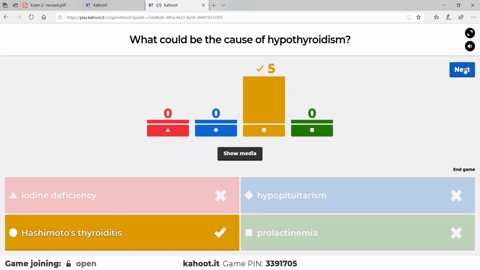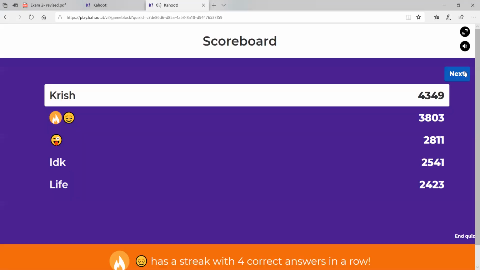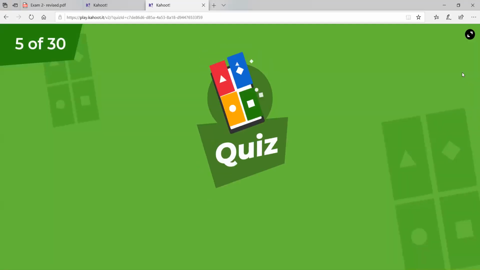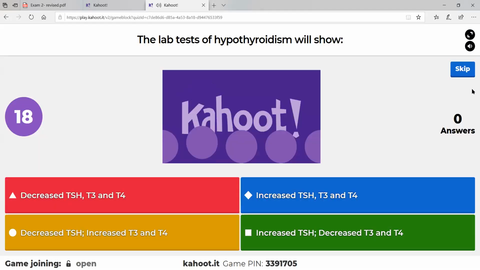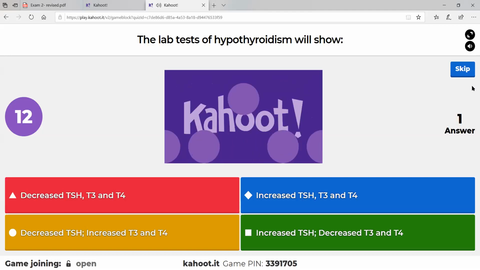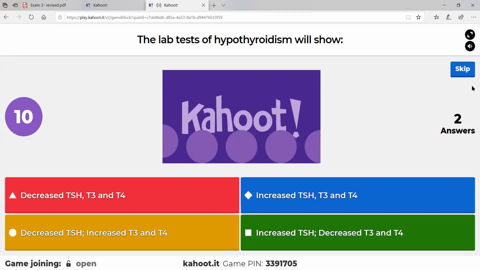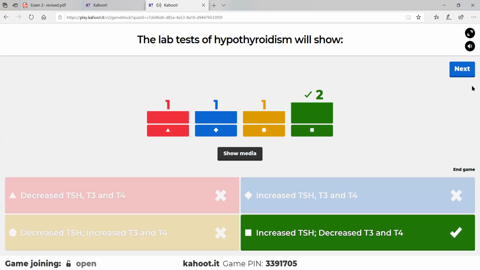Hashimoto's thyroiditis. Okay. The lab tests of hypothyroidism will show what? Okay, so increased TSH, decreased T3 and T4.